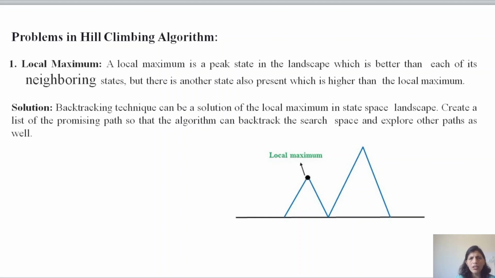It is not the highest or best value around the whole set. The solution of this problem is backtracking, which is practically not possible because I have started the hill climbing algorithm with the one concept that our algorithm will start if we move from a better position.